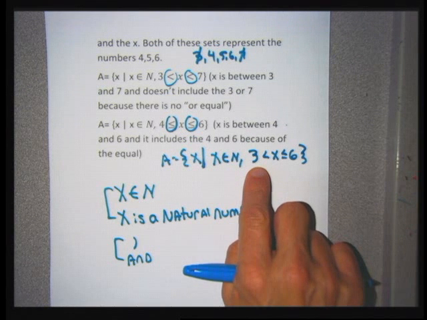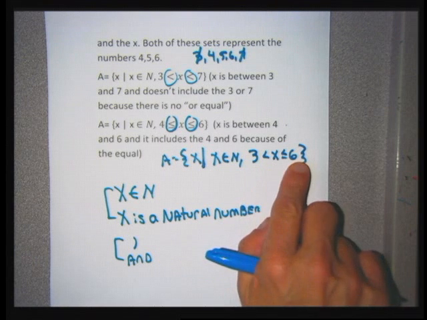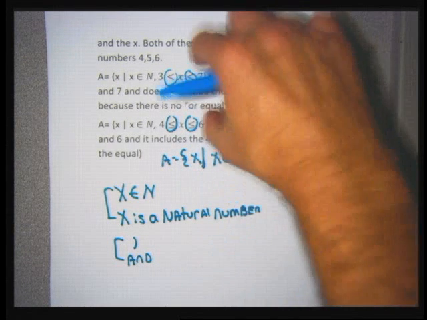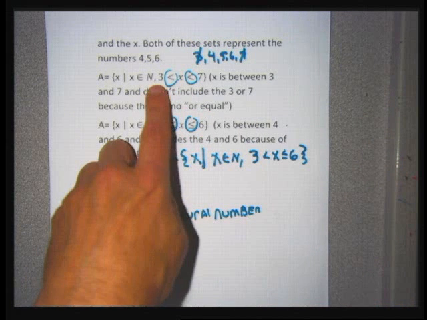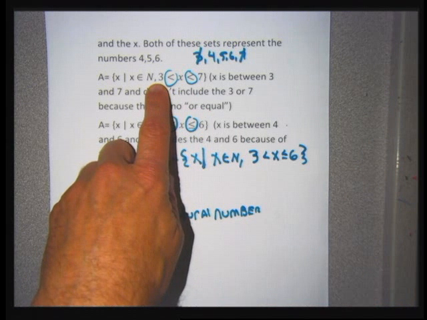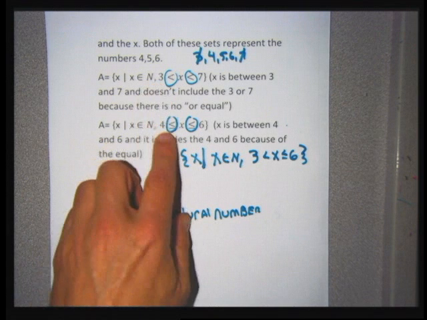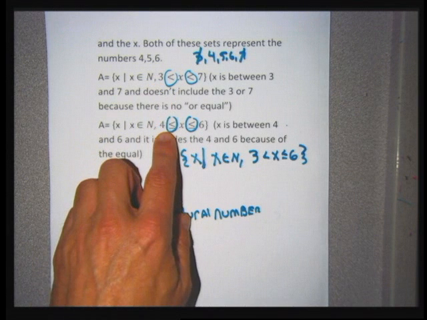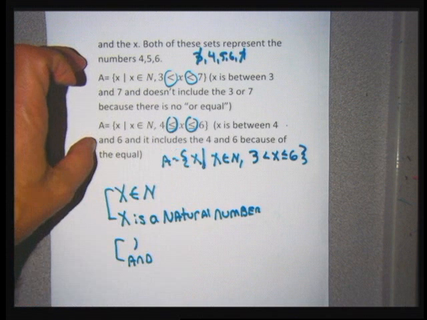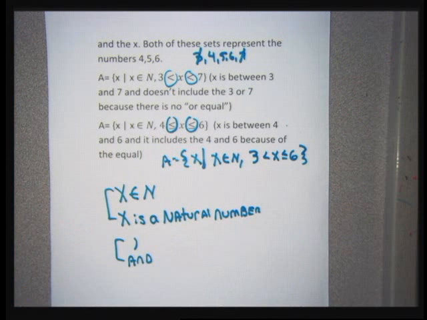It can't equal 3, so I'm discarding the 3 and starting at 4, but it's allowed to equal 6. So this would be a kind of a combination of these. If you have a less than without an equal, it can't equal the edge number. A less than with an equal sign, it equals the edge number. Each one of these three descriptions represents the set that has the numbers 4, 5, and 6 in it.